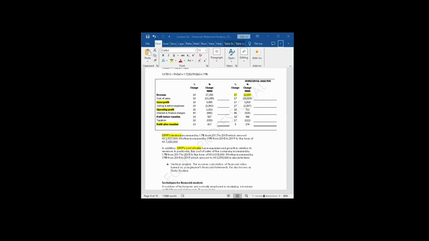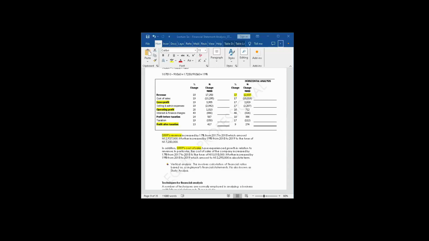Additionally, the gross profit in 2020 increased by this, which represents this. Okay. Jide, gross profits: daily gross profit increased by 17% in 2018 and further experienced growth of 19% in 2019.